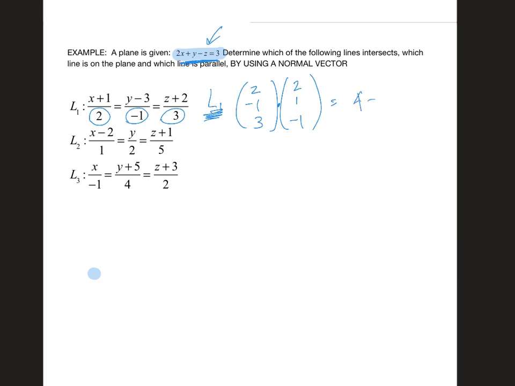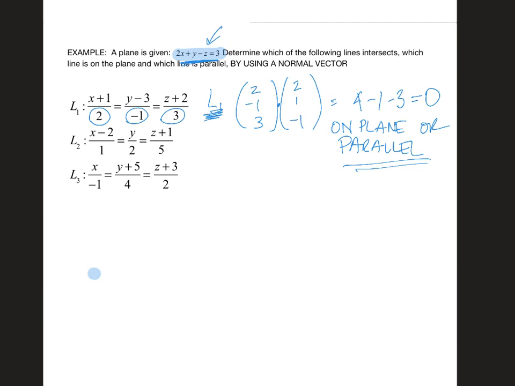I get 4 minus 1 minus 3, which does equal 0. It doesn't tell me the details. All I know is that it's either on the plane or parallel to the plane. I don't know which of those two; it's just one or the other.